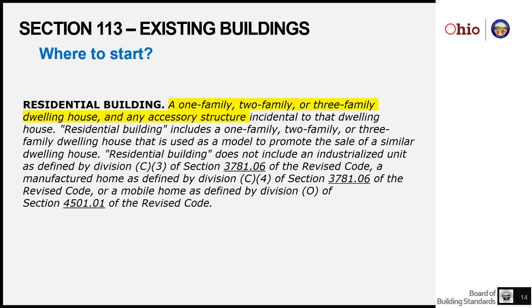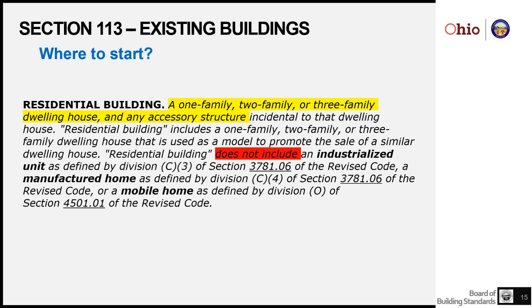There's a lot of things out there that meet this definition, and we actually don't have the authority to enforce that, and that's brought up in this same definition. What is not included in enforcement of the residential code are industrialized units, manufactured homes, or mobile homes.